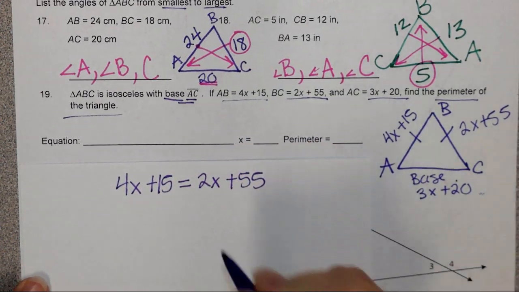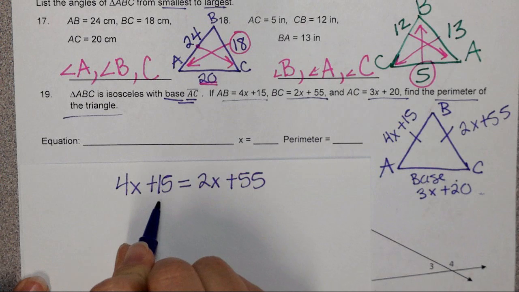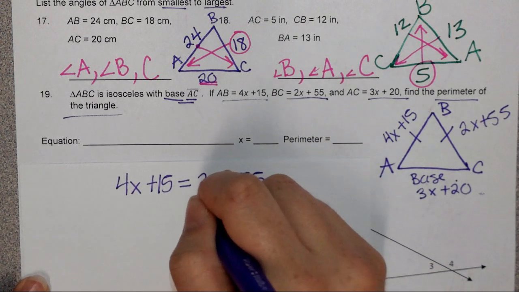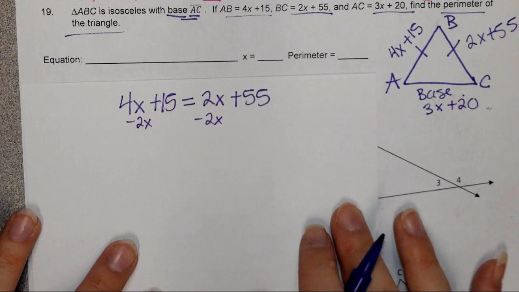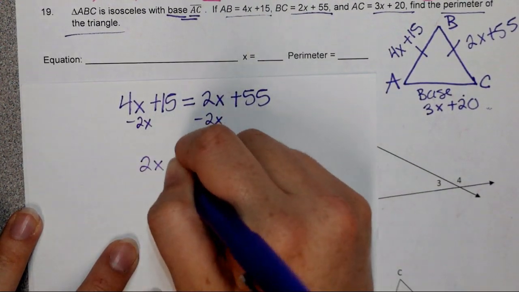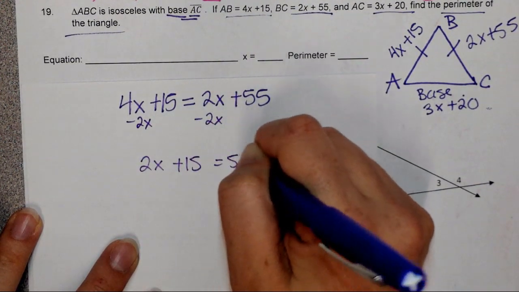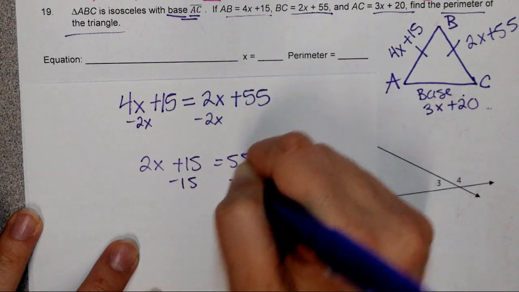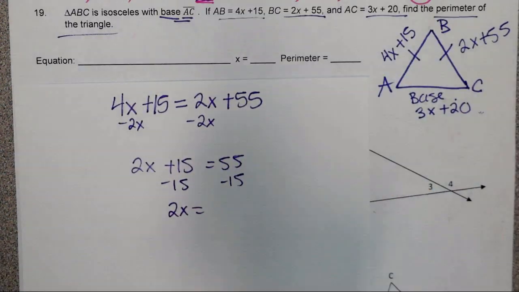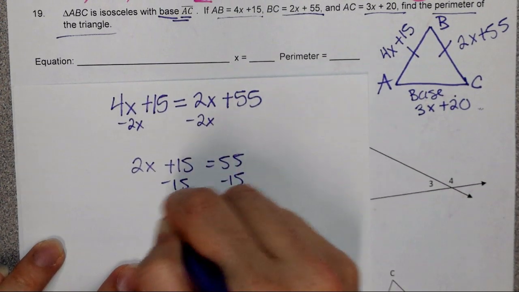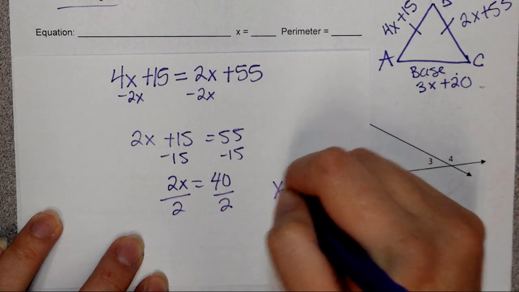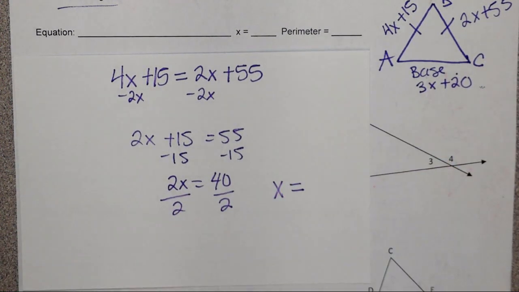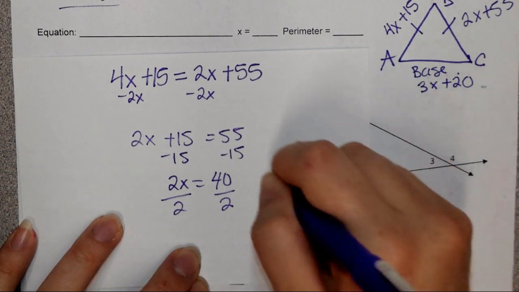So if I've got 4x plus 15 equals 2x plus 55, subtract 2x. So we've got 2x plus 15 equals 55, subtracting 15. 2x is equal to 40. So we get x is equal to 20.